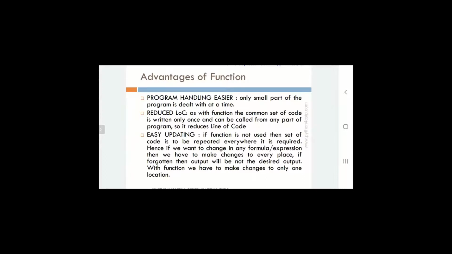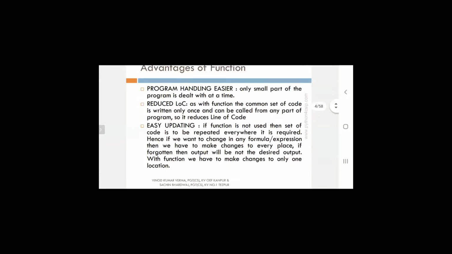And for updating, if you want to make changes to any part of the program, if you divide it module-wise, that is function-wise, it will be easy to make the change. For example, if you define 4 or 5 functions and there is a problem in only one function, it won't affect the rest of the program. That's why we can easily do the modification without affecting the other parts of the program. These are all the advantages.